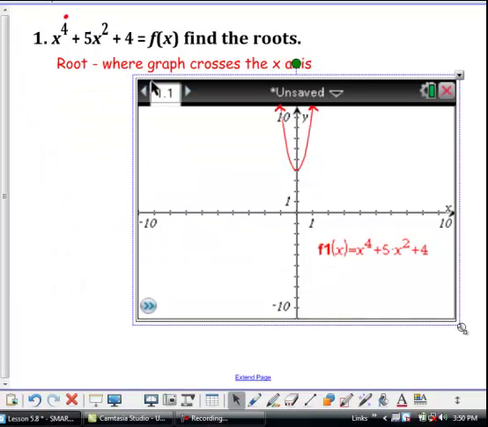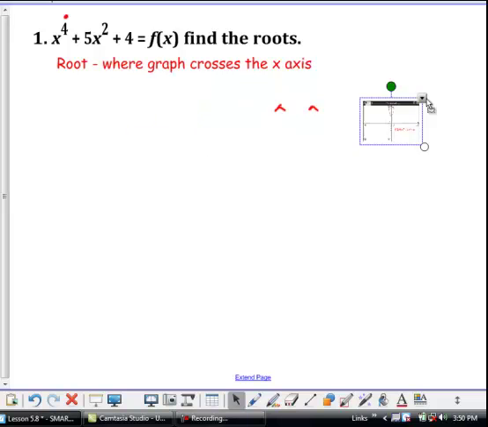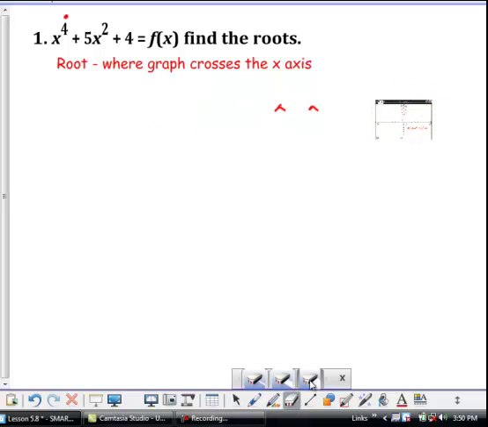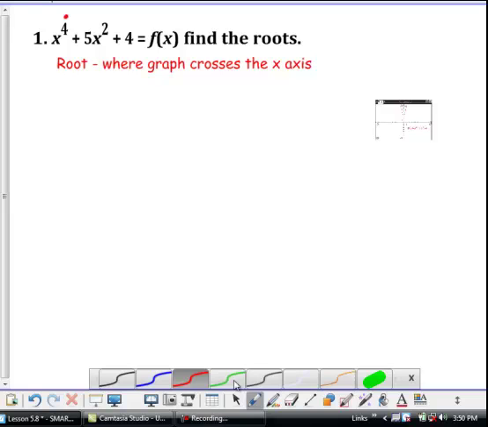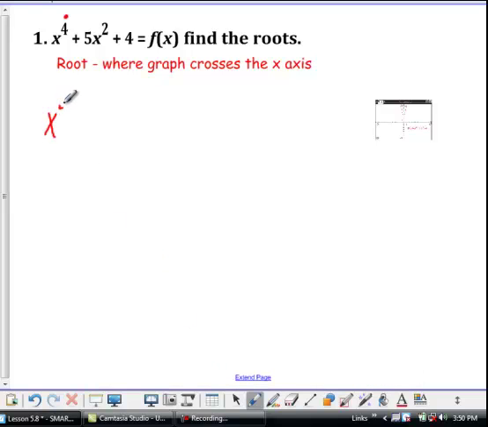So, I'm going to take this, and I'm going to factor it. I got x to the fourth plus 5x squared plus 4 equals 0, because when I set it equal to 0 is when I want to find the roots.